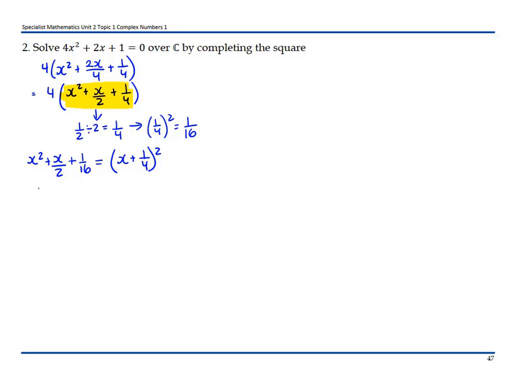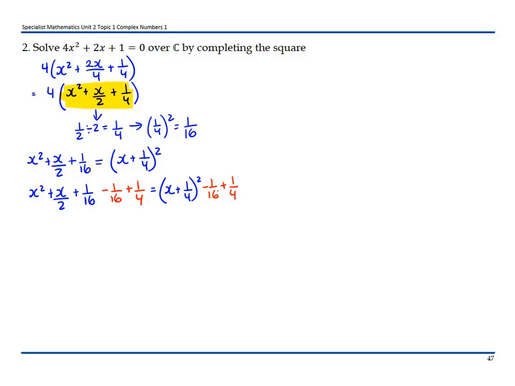But I don't have that, so to get it to be the 1 over 4, I would take away my 1 over 16 and add 1 over 4. Do the same with what's in the bracket. So I have minus 1 over 16 and plus a quarter.